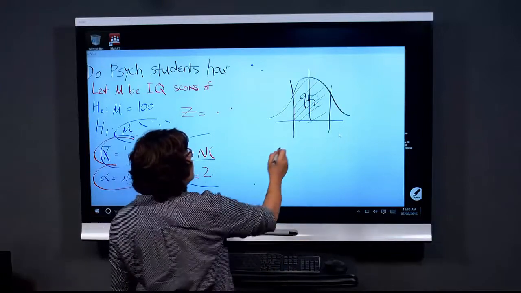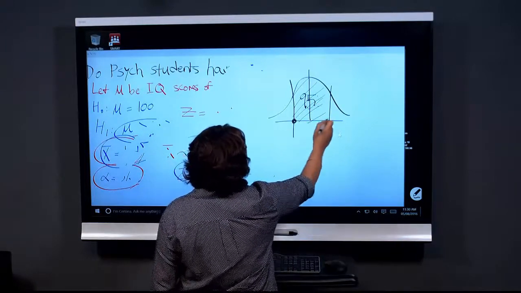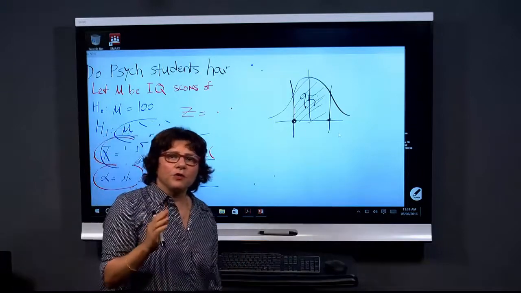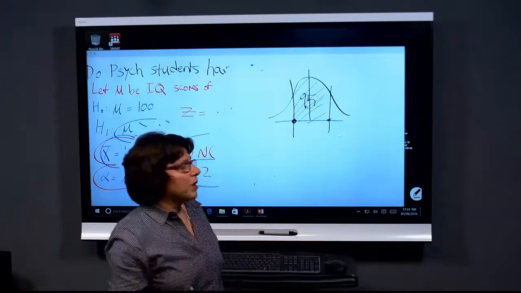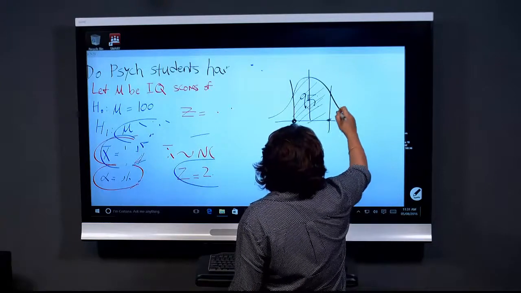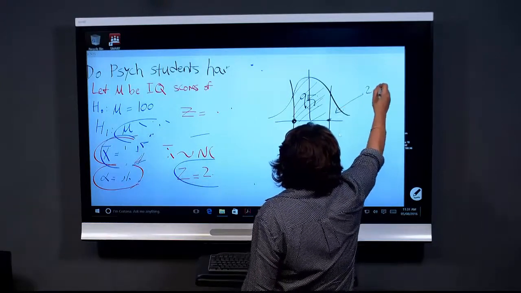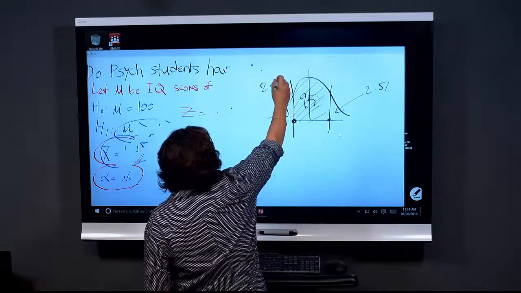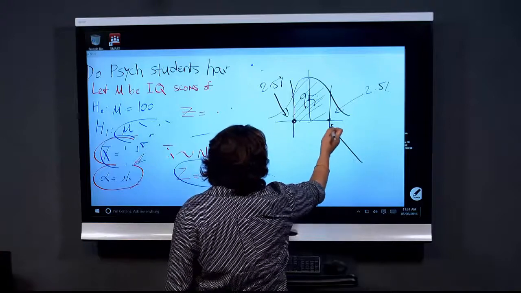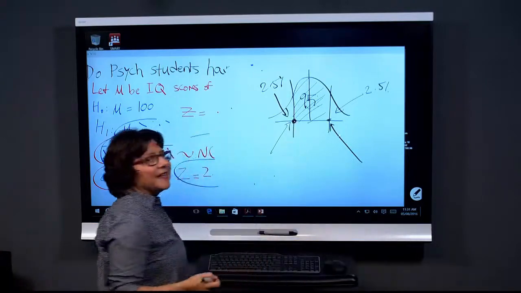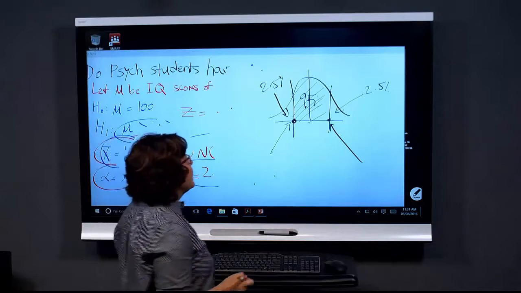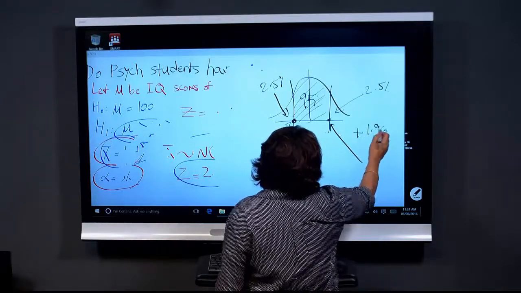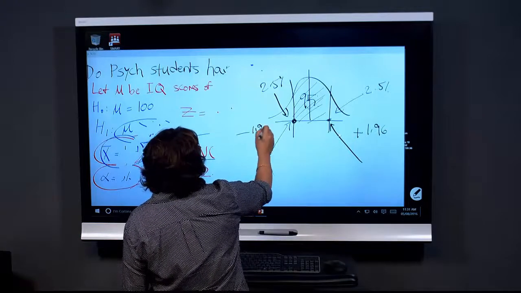So if you find the cutoff Z scores for here, 5% is left. If you do 5 divided by 2, it is 2.5%. So this is 2.5%, and here is 2.5%. These two cutoff scores, you can find them from the tables, and it would be plus 1.96 and minus 1.96.